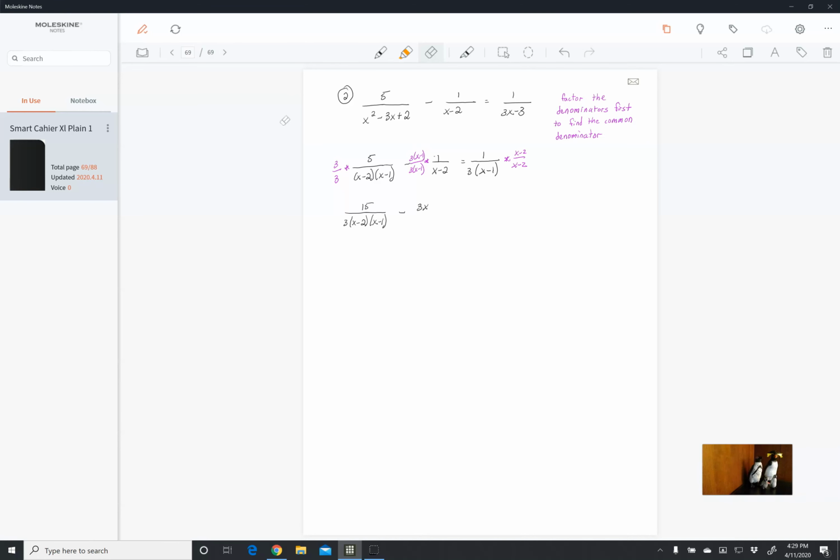This, you distribute the 3, it becomes 3x minus 3. And I'm just going to write all of these as 3 times x minus 2 times x minus 1. Remember, it's all multiplication, so it's interchangeable, it's commutative. And then we have equal x minus 2 over 3 times x minus 2 times x minus 1.